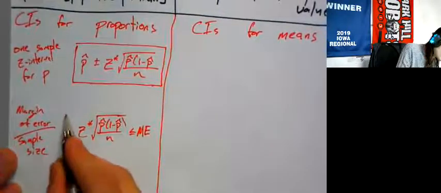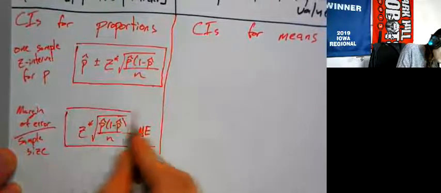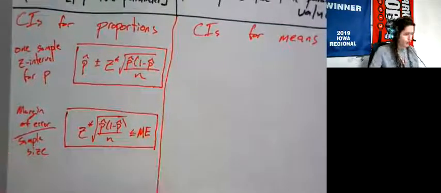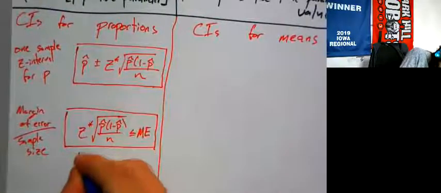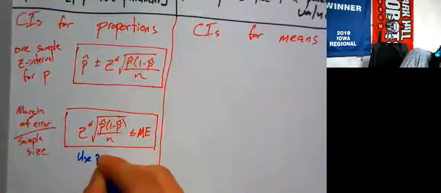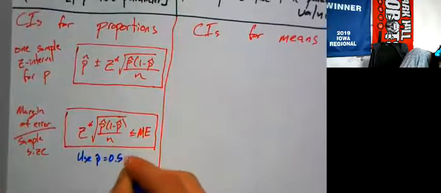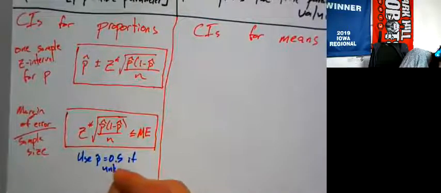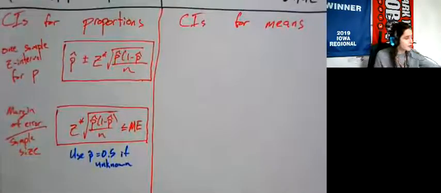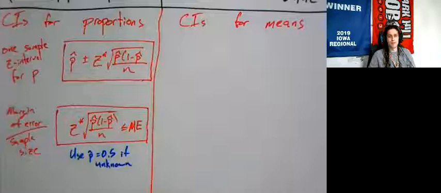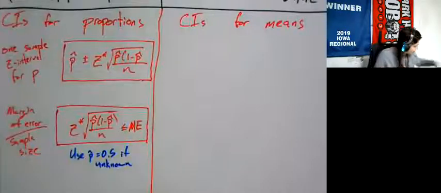We might have to solve for that. I'll put a little note there. Maybe you don't know what p hat is. I'll put a little reminder. We're going to use p hat equals 0.5 if unknown. It typically will be. You don't usually know the sample proportion before you take the sample.